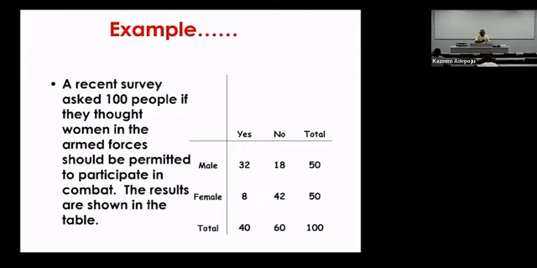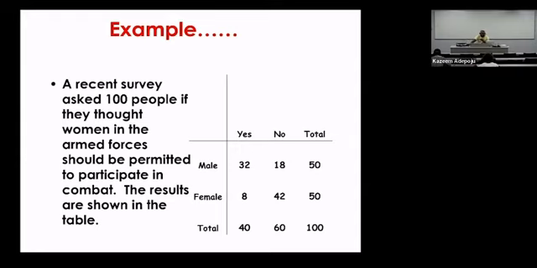A recent survey asks 100 people. The 100 here is the sample size. They were asked if they thought women in armed forces should be permitted to participate in combat, and the results are shown in the table. What we see now is what we call a contingency table. A contingency table means you are cross tabulating two variables.